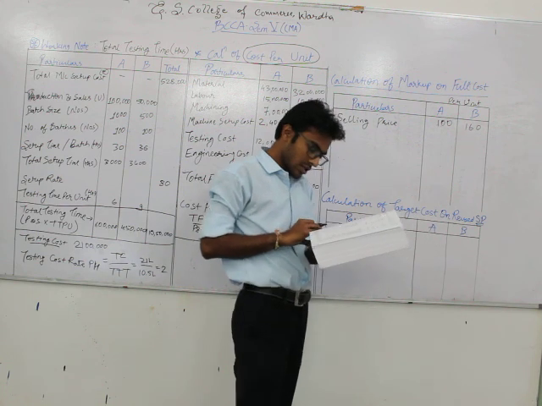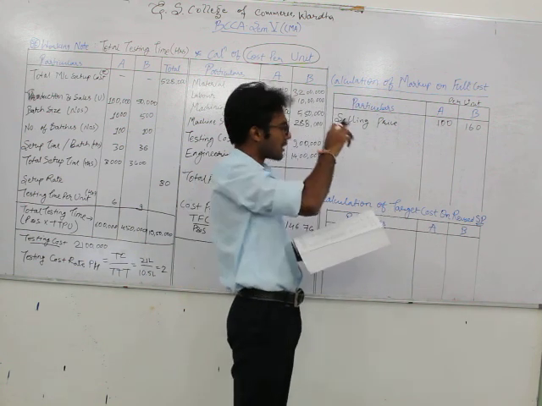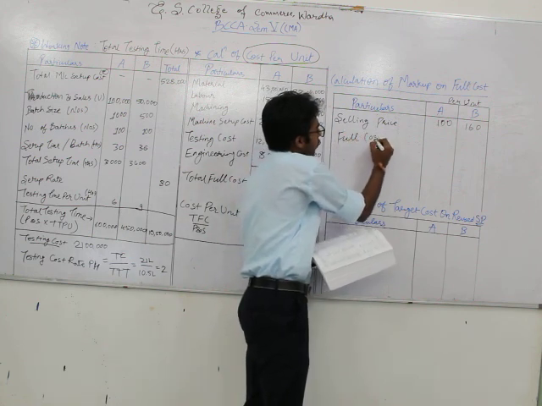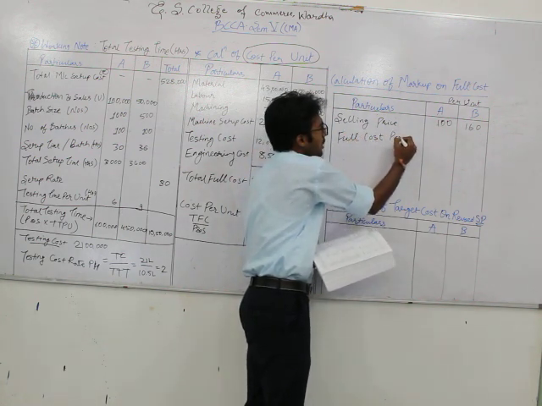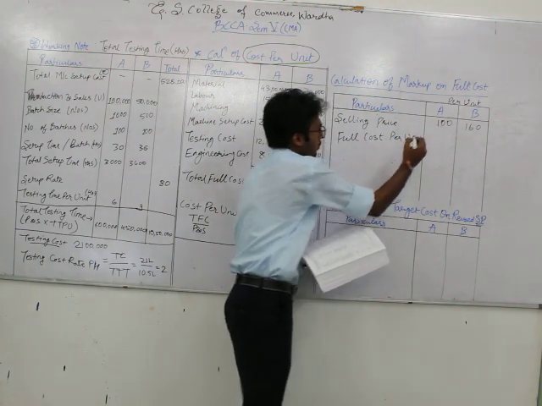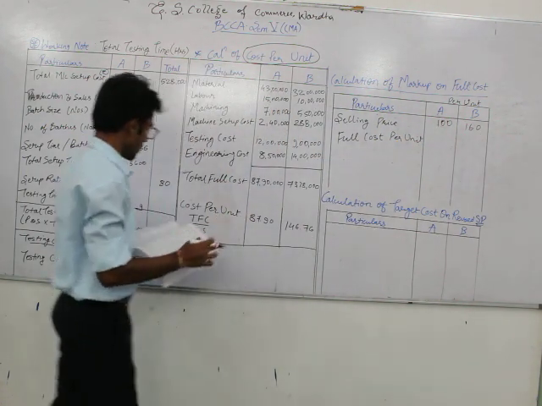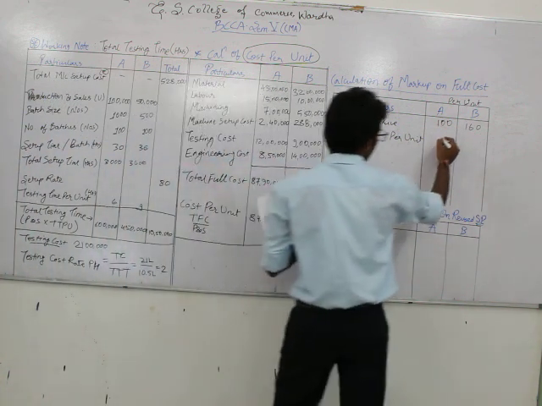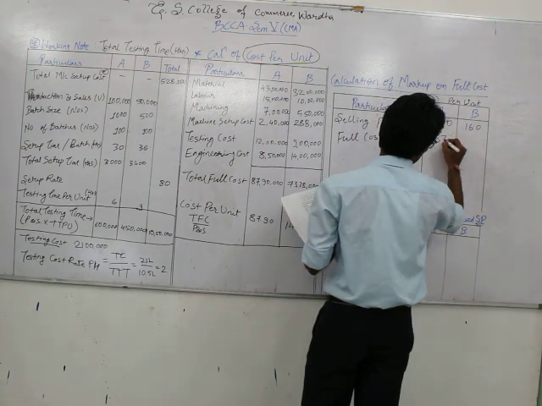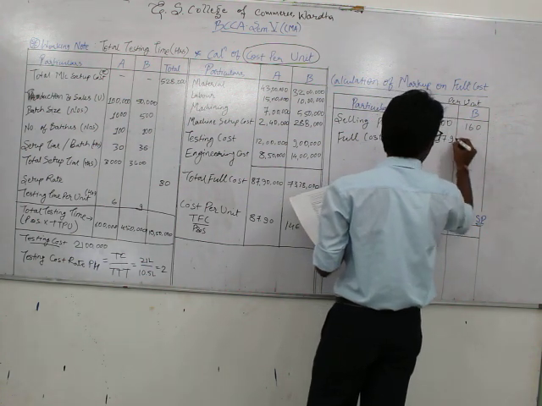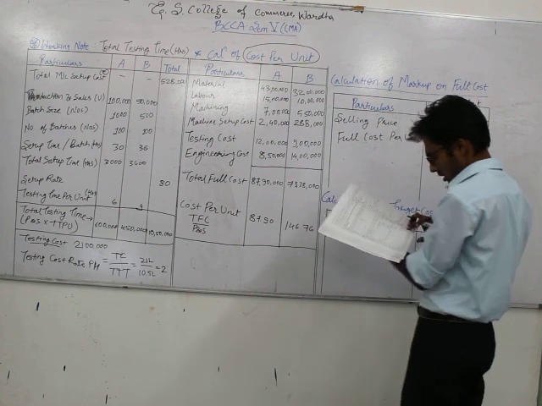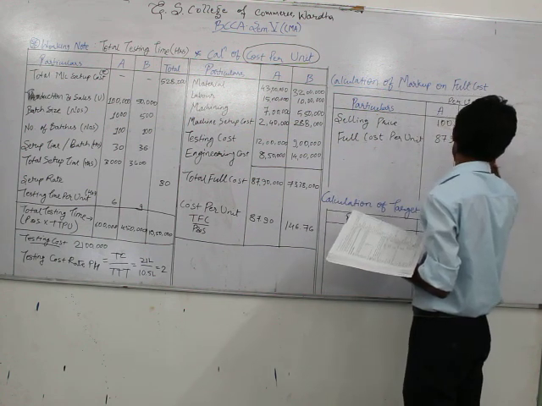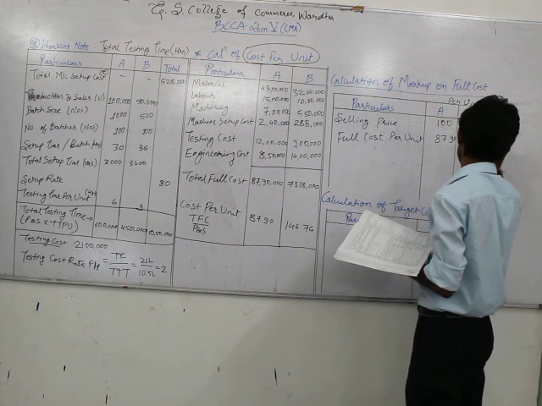So the selling price was 100 and 160, and our full cost per unit, where is our full cost per unit? Here it is, 87.90 and 146.76.